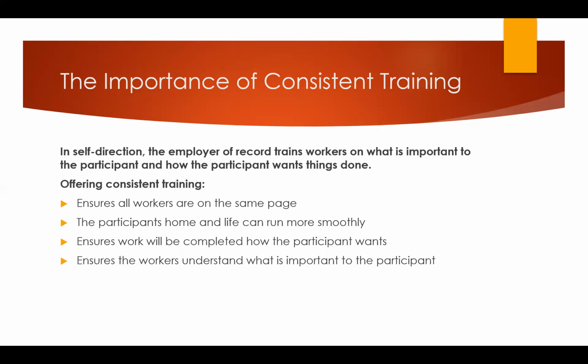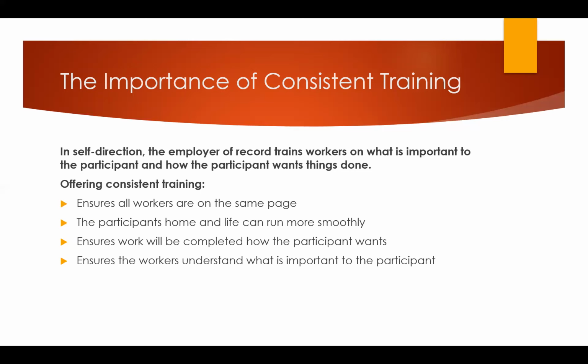Once a candidate has been selected and hired, training will need to be provided. In self-direction, you get to train the workers on what is important to you and how you want things done. Offering consistent training ensures all workers are on the same page. If everyone is given the same information, everyone will be doing things the same way.